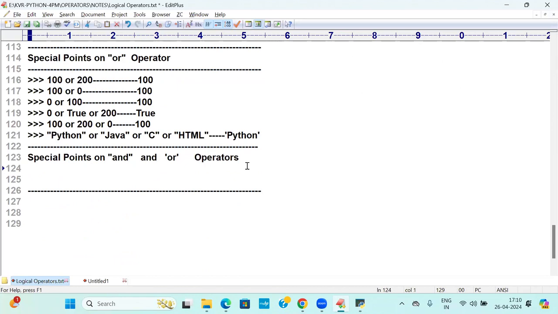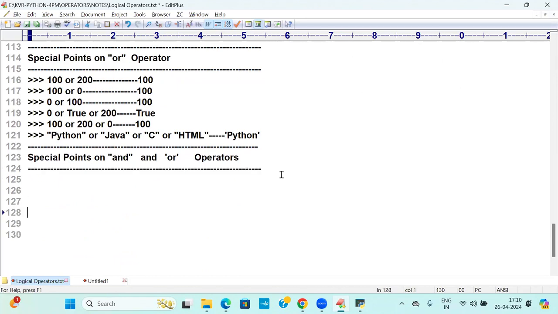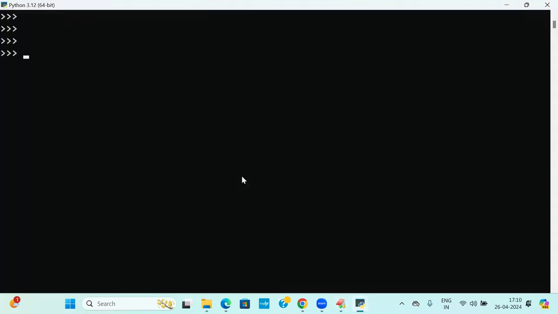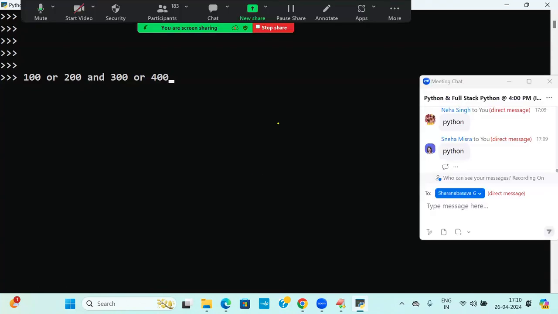So ready to answer? How simple it is. See, I will explain one point. Other points you answer. 100 or 200 and 300 or 400. This is my data. See students, look at all of you, listen very carefully.